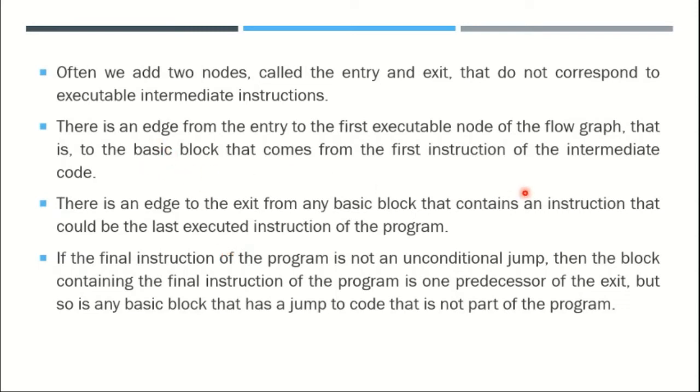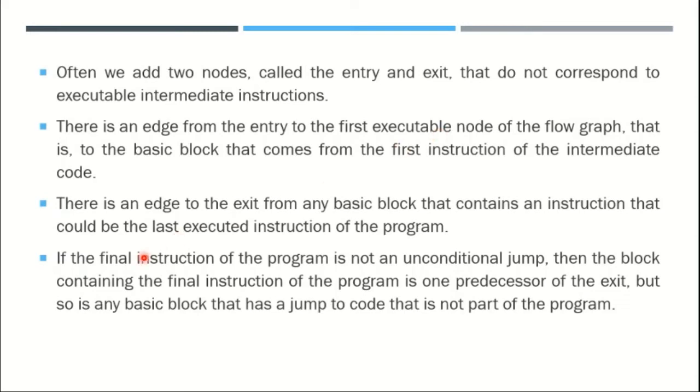The exit node indicates that the execution of that target code or intermediate code representation has terminated or completed. So these 2 nodes are added to the basic blocks: the entry node at the beginning of the flow graph, and the exit node at the end of the flow graph.